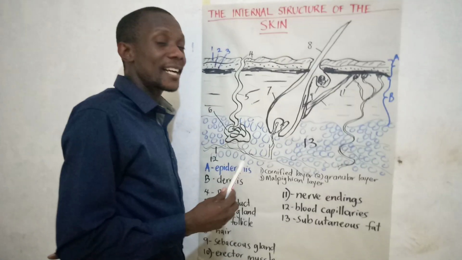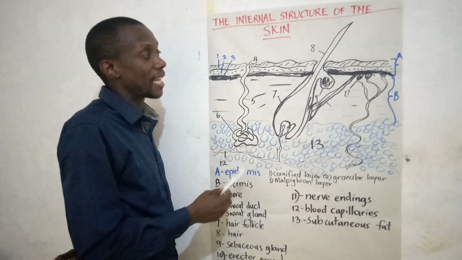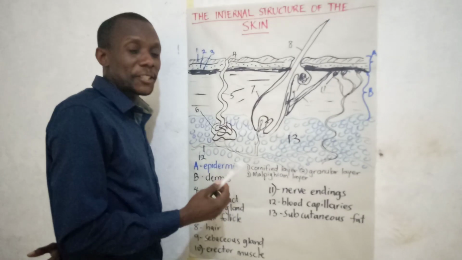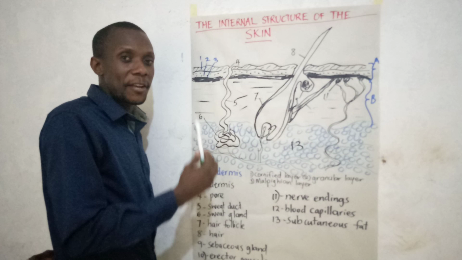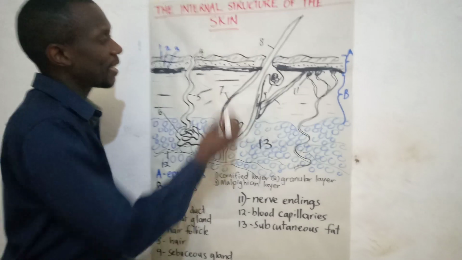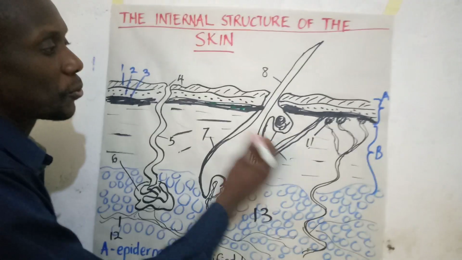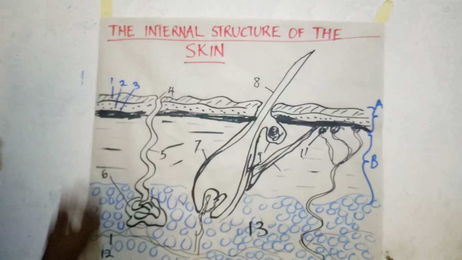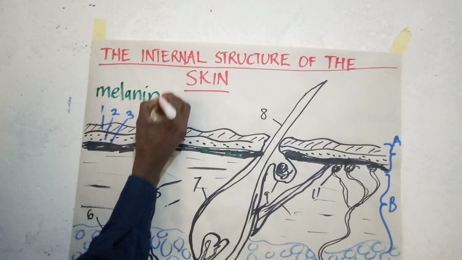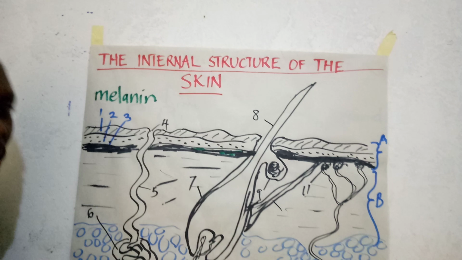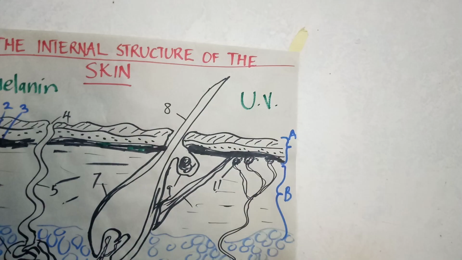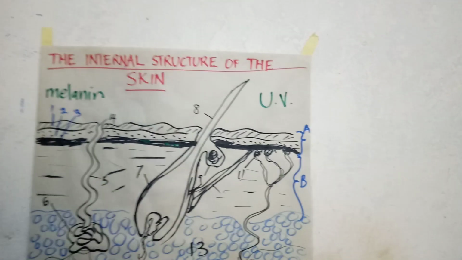But when they ask us the importance of melanin, we do not just say that it determines skin color. Melanin acts as a screen to protect us from ultraviolet radiations from the sun.